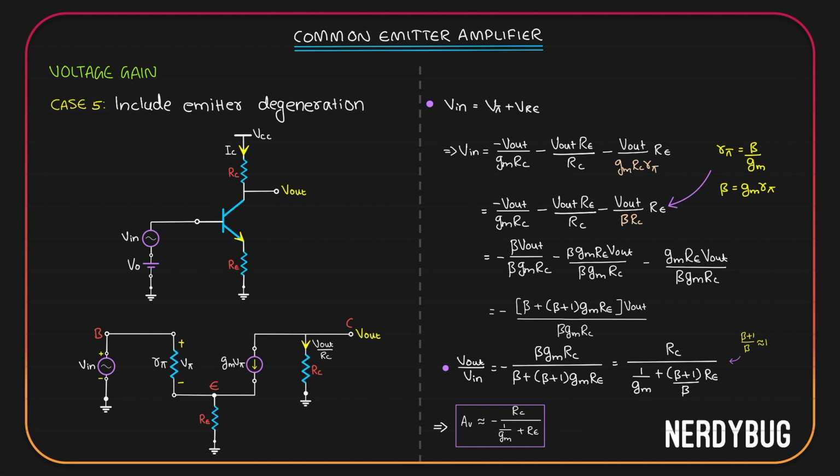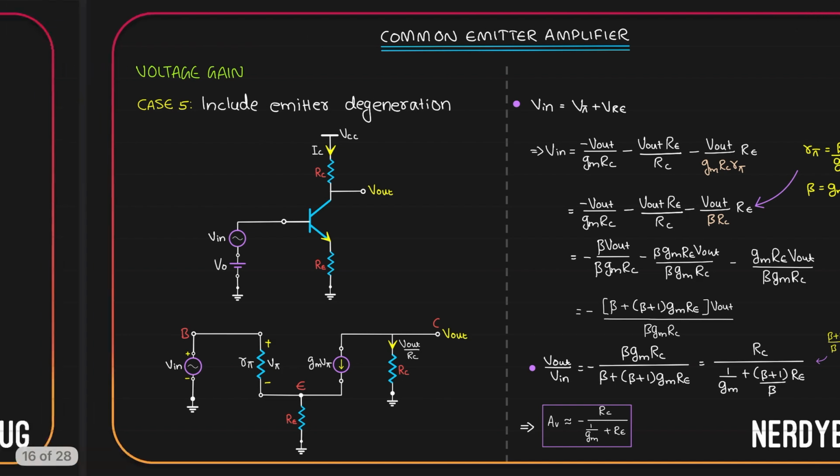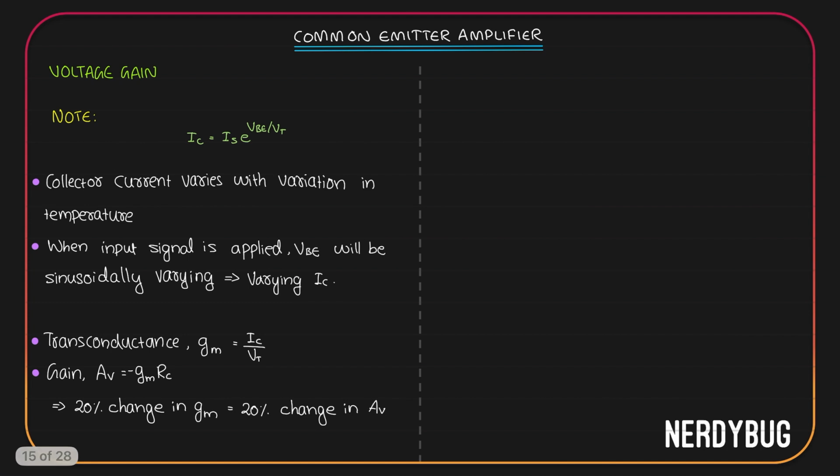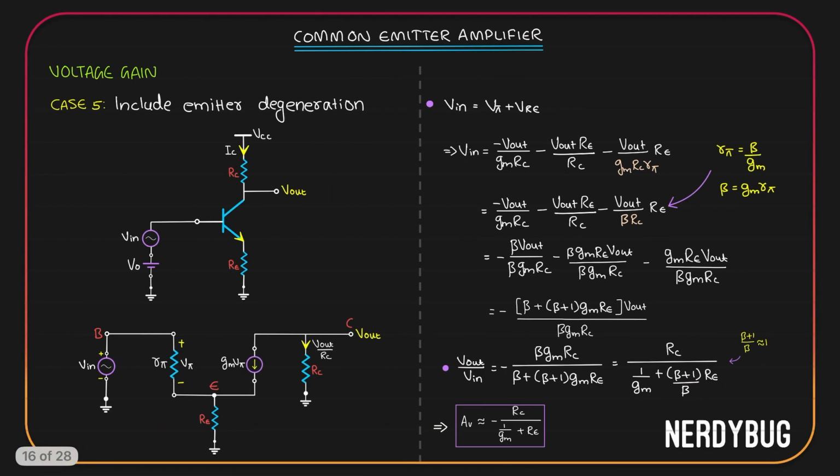We did the whole thing to make our circuit less sensitive to the variations in the transconductance gm. Because earlier, without emitter degeneration, our gain was minus gm RC. Gain was directly proportional to gm, and a 20% change in gm would cause a 20% change in our gain. Right now, our gain is minus RC divided by (1 by gm plus RE).